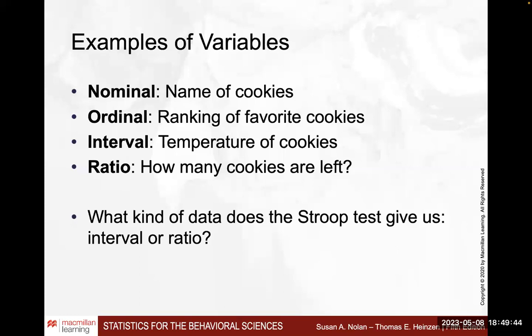Interval is the temperature of the cookie, 0 just being a random number on all possible numbers, whereas ratio has a meaningful 0, right? So how many cookies are left. So when it comes to the Stroop test, it needs to be ratio because essentially it has a meaningful 0. Can't go negative with time.